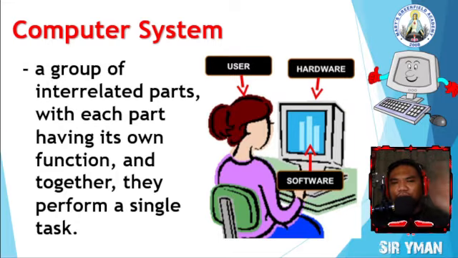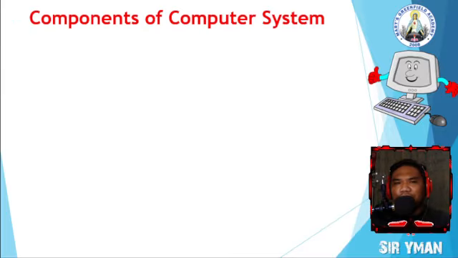So there are three components of a computer that we studied in ICT last semester. What are the three components of a computer? Anyone? Let's just review. The ones with the wares.